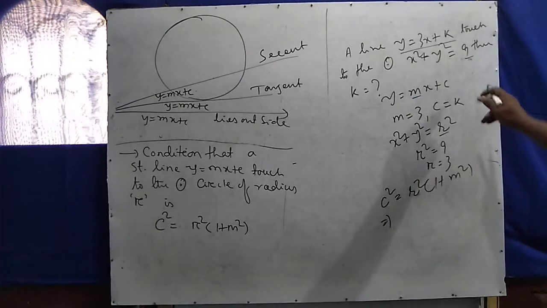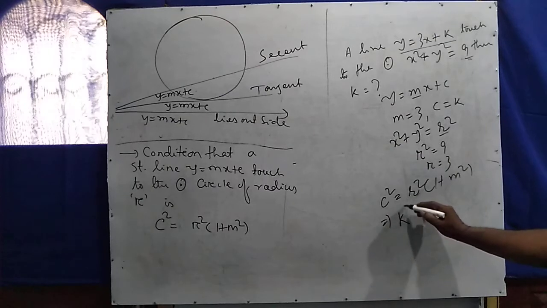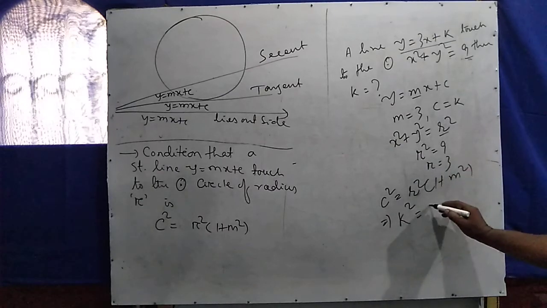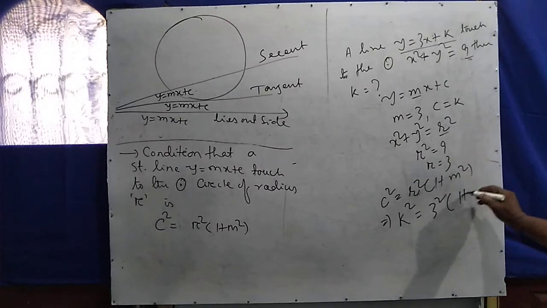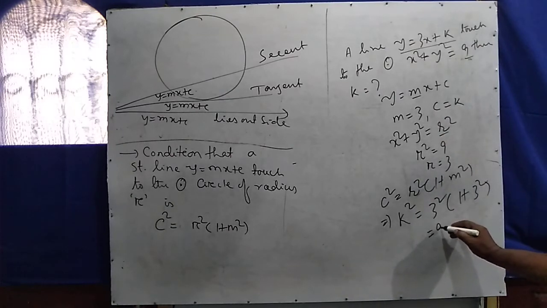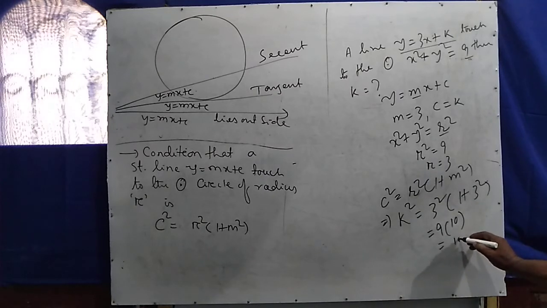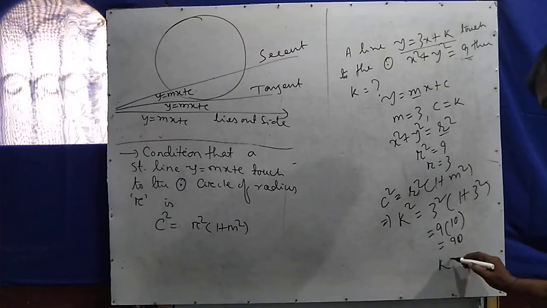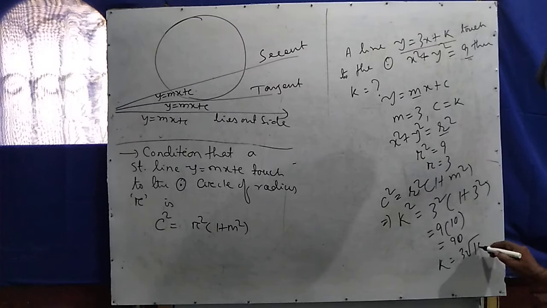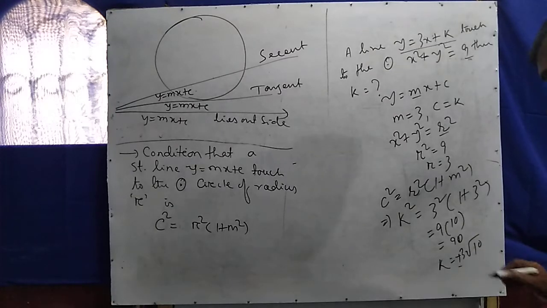Instead of c square you put k square, r equal to 3, 3 square, 1 plus m square, m equal to 3, 3 square. So this is 9 into 10, which is 90. So k equal to 3 root 10. You can also write plus or minus 3 root 10, because you have to take the square root of this.